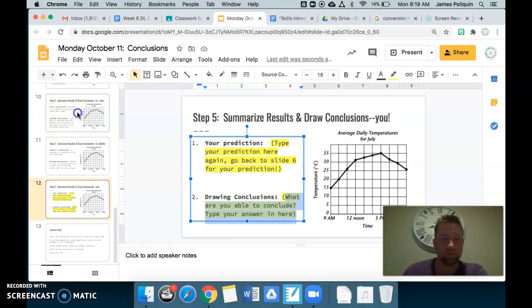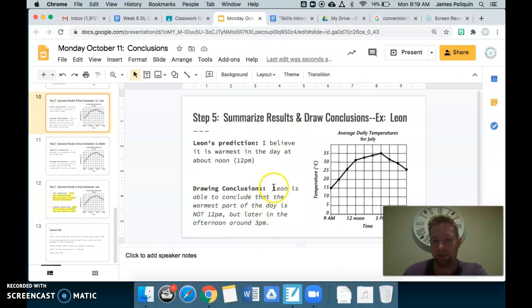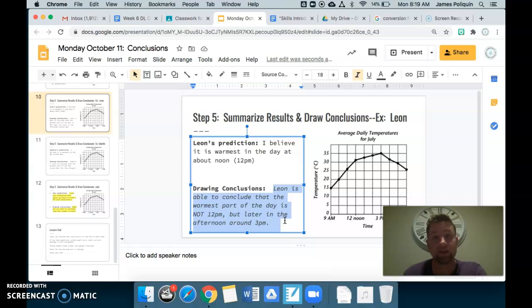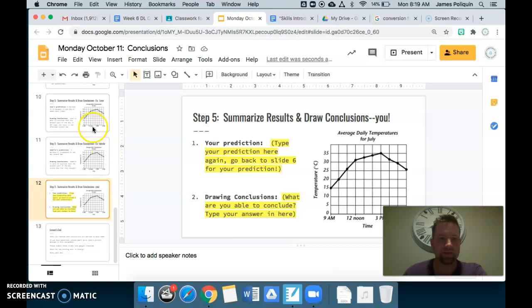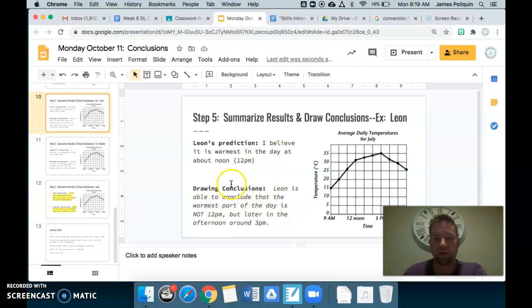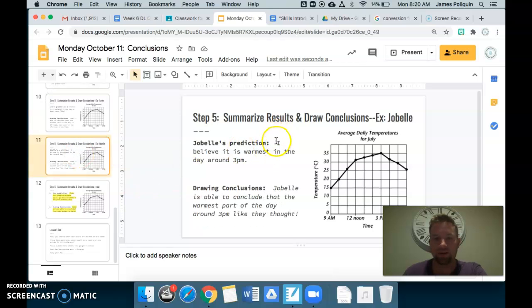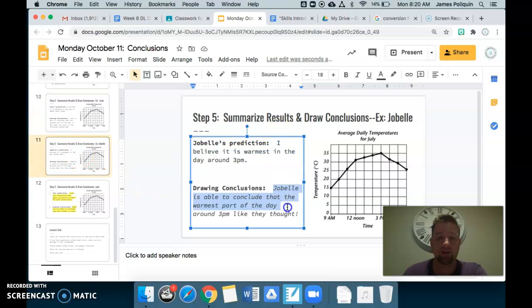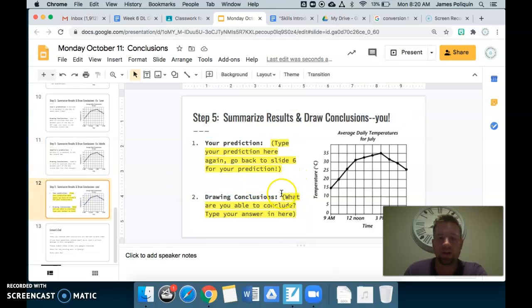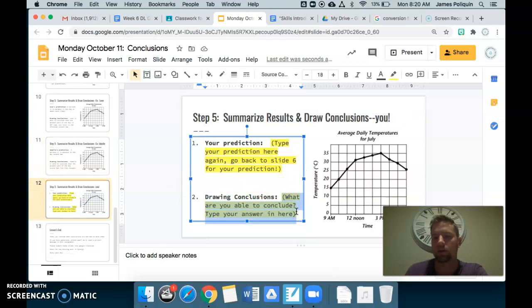Was your prediction like Leon's, where Leon was wrong, but he still learned something, which is great? Or was your prediction like Jobel's? Jobel predicted accurately, and therefore they learned that their guess was accurate. What did you learn from this experiment? What can you conclude about the warmest part of the day in July?